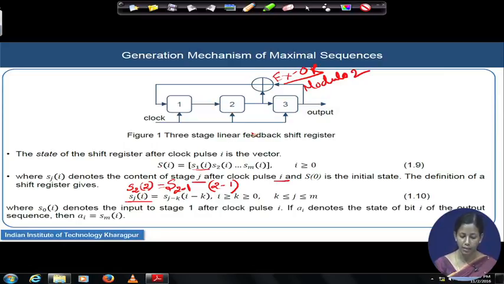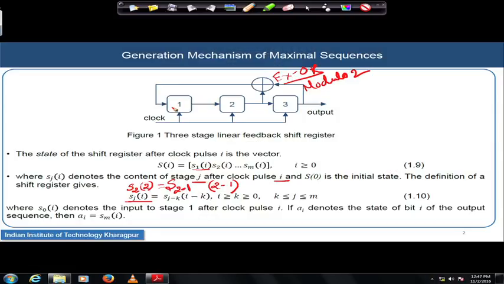It is nothing but whatever was stored in the earlier stage k clock pulses back.